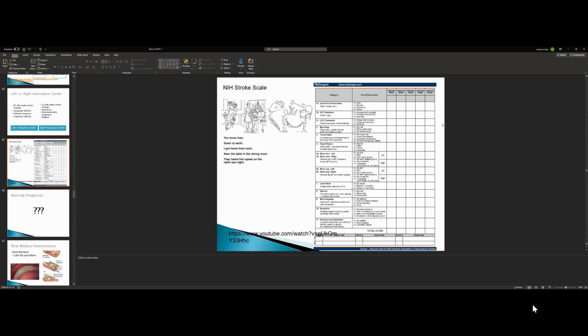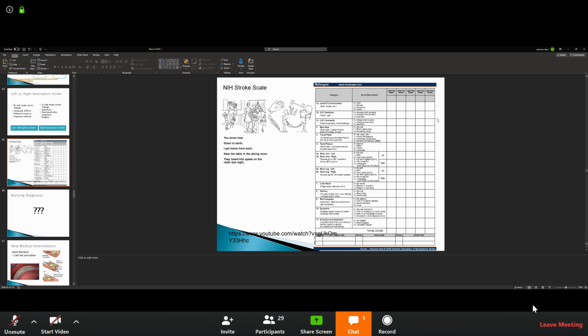So jumping down, here's a good picture of a tool that we use for assessing the patients who come in with stroke, or we're trying to assess for signs of stroke, called the NIH. This is the National Institute of Health Stroke Scale. It's common practice within institutions, and it is an actual certification that you can take. I want to say it's like $5 or $10.